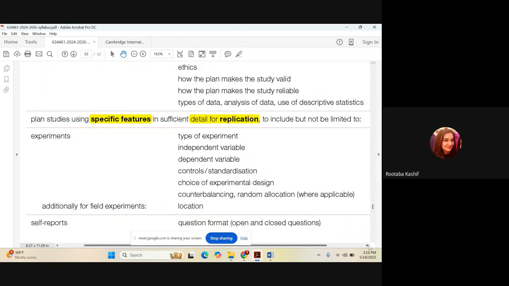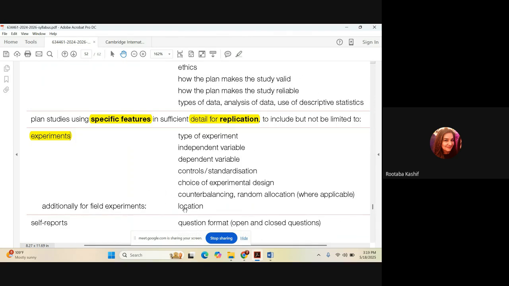If you look at the question that we are discussing right now, you have to make an experiment, right? So when we are talking about experiments, most of these specific features have to be present in the answer with the terminology. For example, you have to tell whether it's a field experiment or a lab experiment.